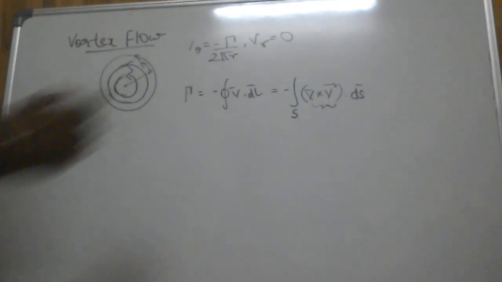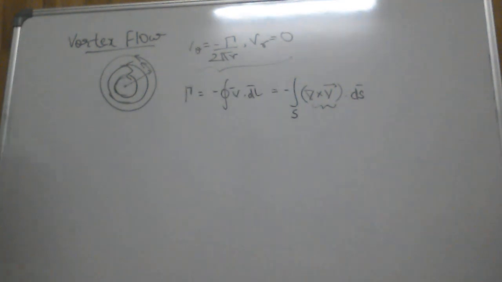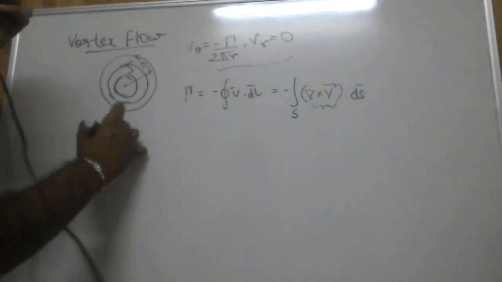Having found the velocity vector as shown here, we can now conveniently estimate the expressions for the velocity potential and the stream function. So first let's look at the velocity potential.